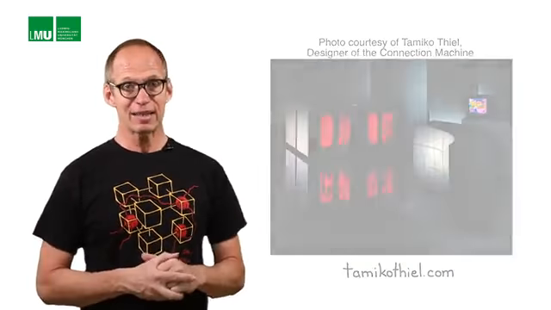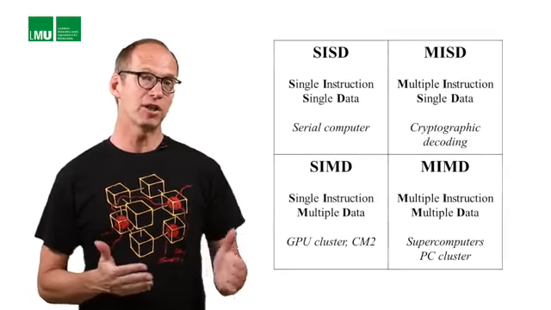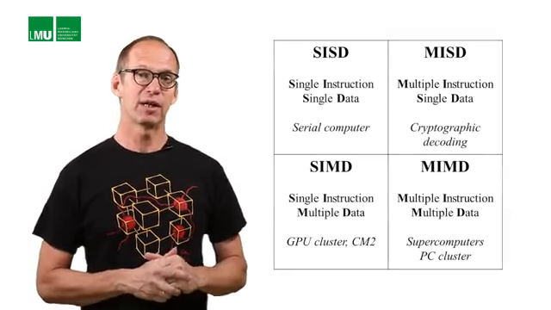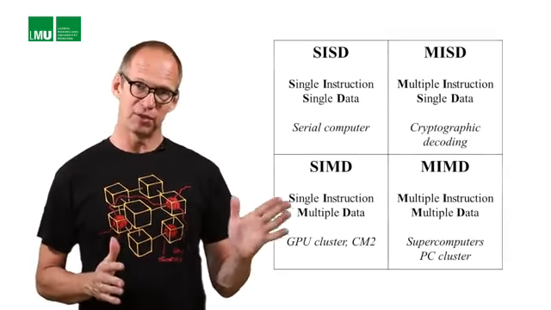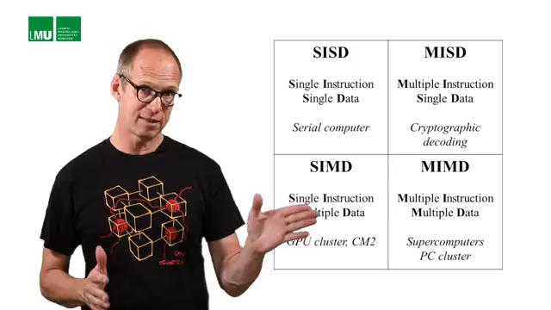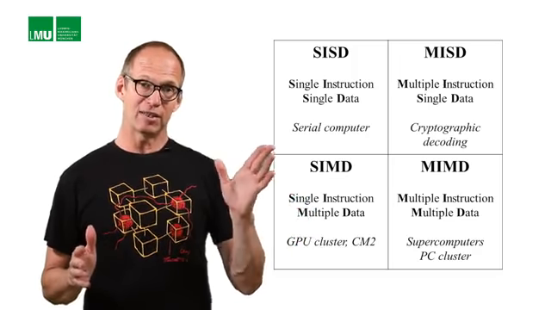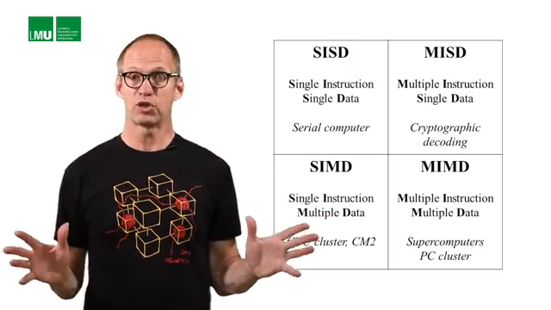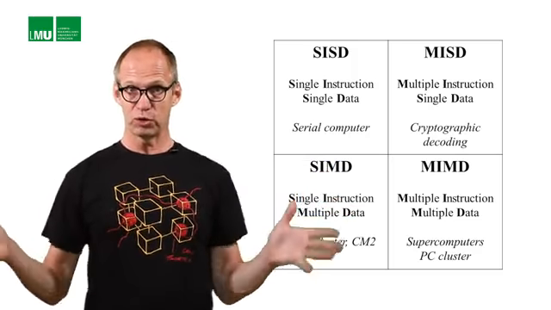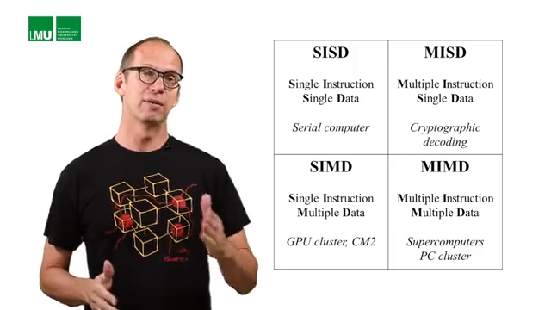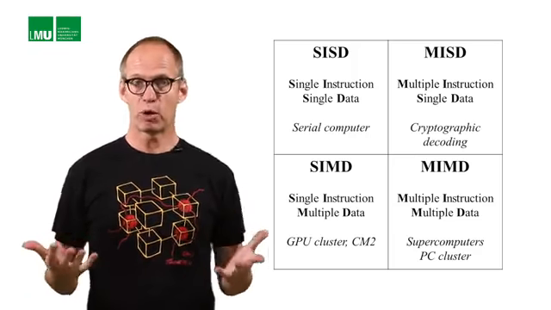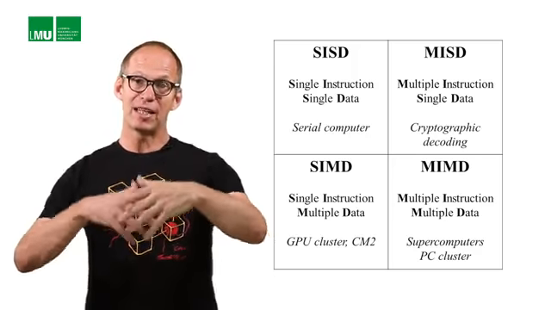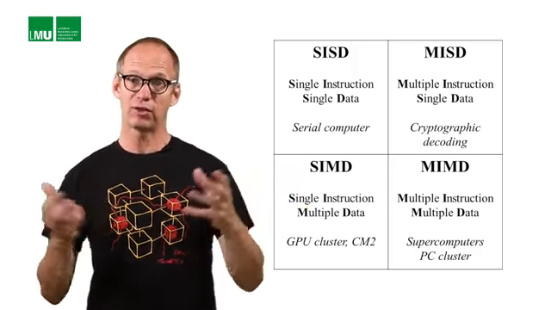Now, the next model is the multiple instruction, multiple data model. In comparison to SIMD, where you only had a single instruction that operated on the whole data, and the Connection Machine in that sense was basically distributed memory, the MIMD concept is of course much more powerful because you can distribute many different tasks to each processor.